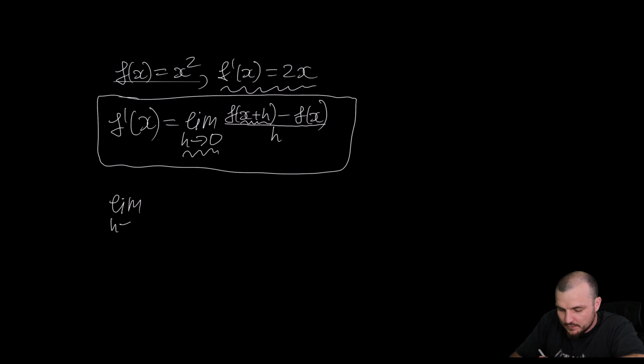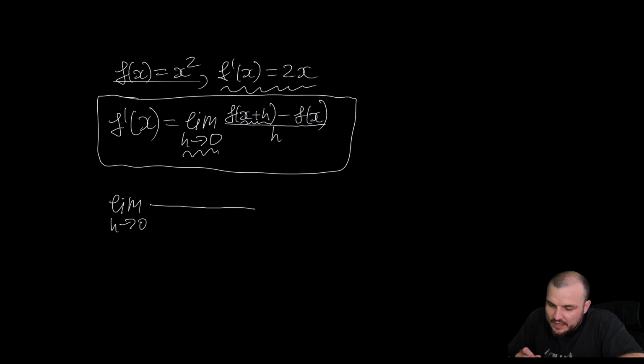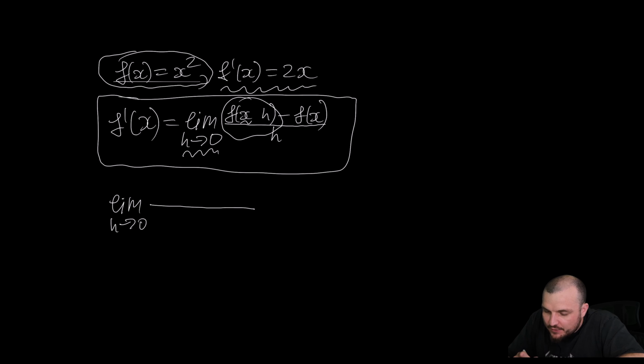Limit h goes to 0. Looks like we have this first term f of x plus h, and we have our function f of x equals x squared. We take our input and put it right over here. That basically means that we need to square our input, x plus h squared.